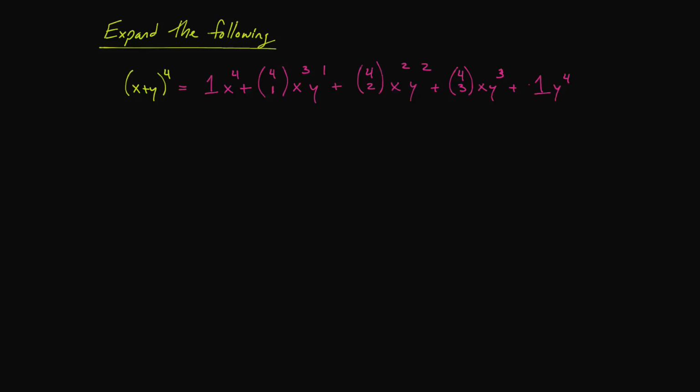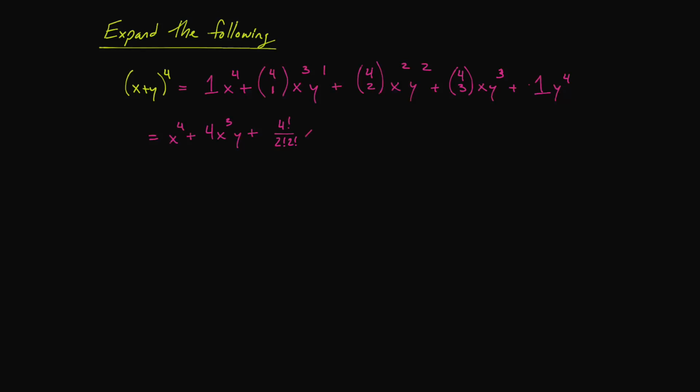I still have to simplify these here. And if I were to rewrite this, I am going to write this as x to the 4th, plus in this case 4 x cubed y, and I don't need the y to the 1, plus in this case this is going to be 4 factorial over 2 factorial multiplied by 2 factorial.